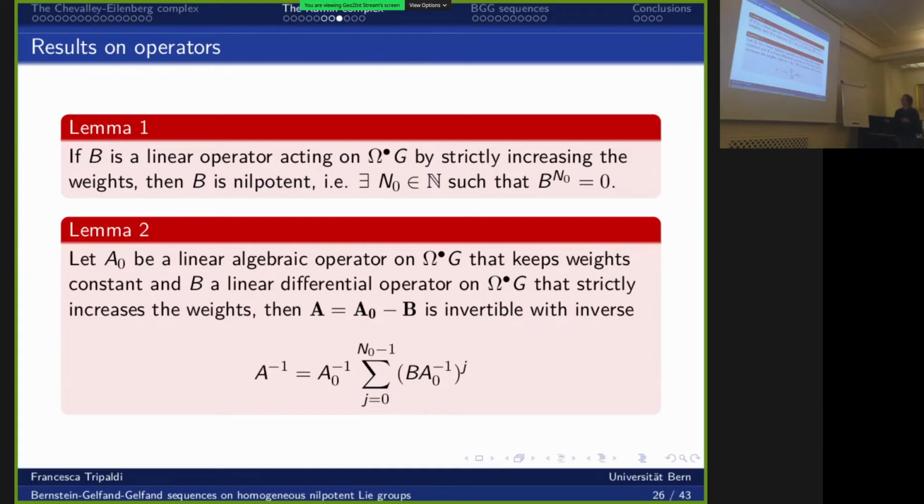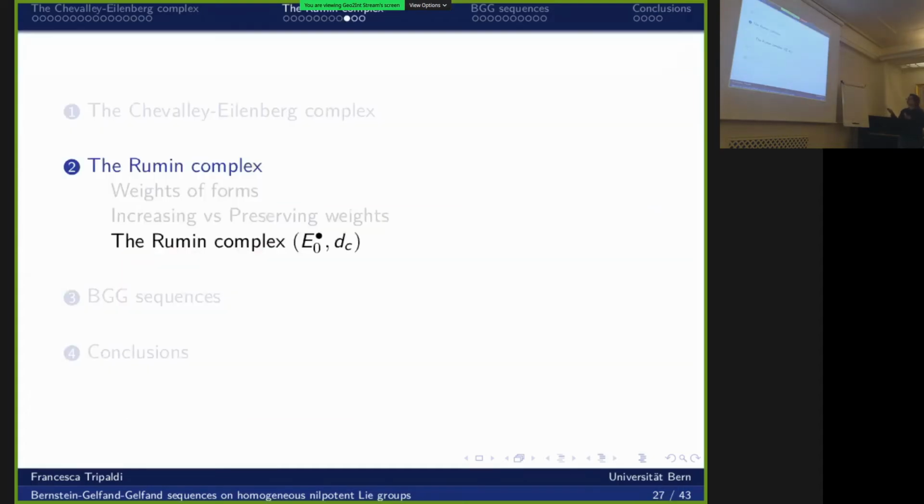You don't need to visualize this, but we're going to use a lot the fact that if you have a linear operator that keeps the weights constant, and something that is nilpotent, and in particular increases the weights, then the difference or the sum is invertible. So we're going to use this.